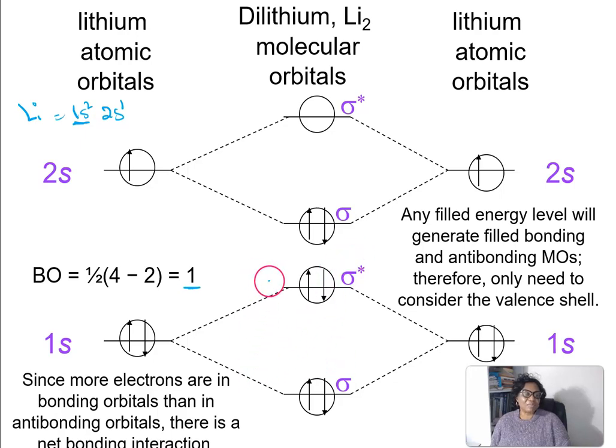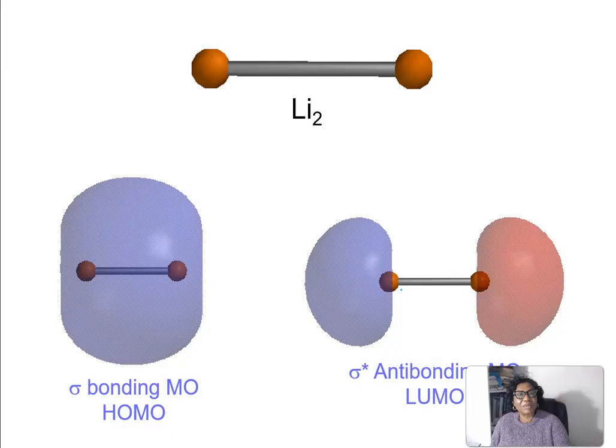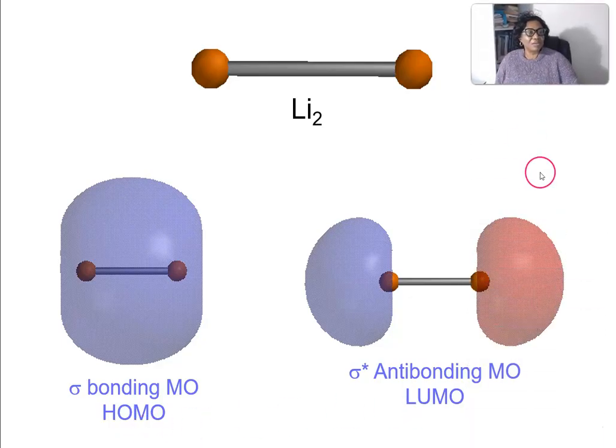So most of the time, the inner shells, you don't need to use them. Therefore, just using the valence electrons will give us the answer. So this is what we expect for the lithium molecule: the bonding molecular orbital, which is the HOMO, and the LUMO, the lowest unoccupied molecular orbital.